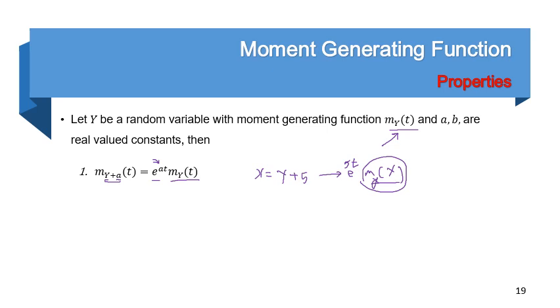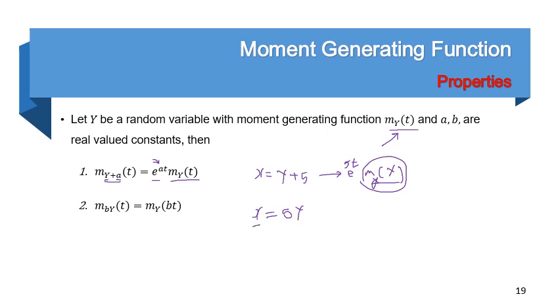Suppose I multiplied each value y by a number. So your x now is not the values of y plus 5, no. It's supposed to be that I multiplied each value by 5. So I have now y multiplied by 5 and I called it x.